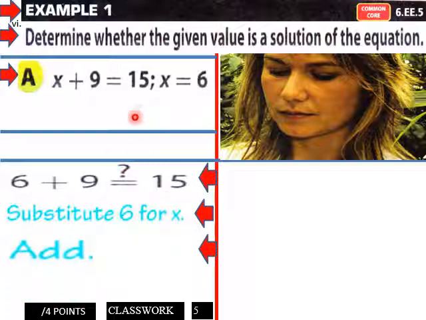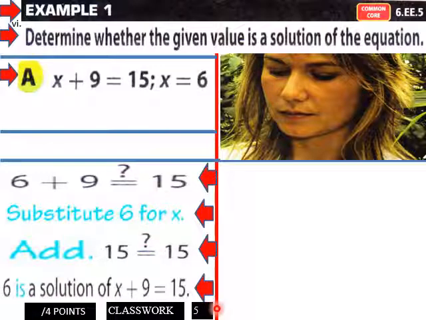Add. Does that equal 15? It checks. 15 does equal 15. So 6 is a solution for that equation.